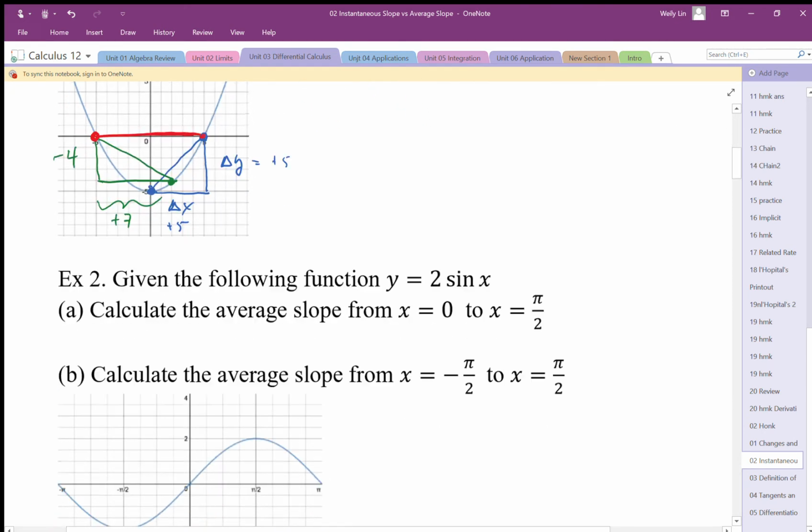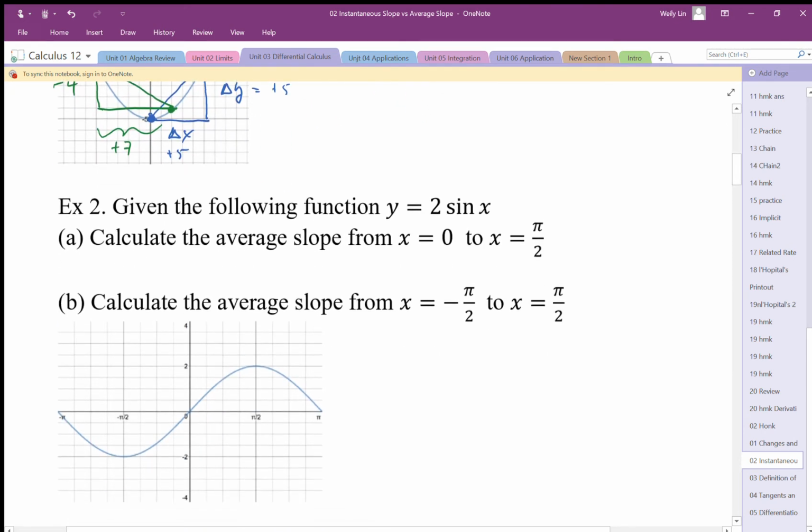We can do the same for sine. We're going to find the average slope. So this is sine 2x. I'm going to calculate the average slope from 0 to pi over 2. When I look at that, there's my run, here is my rise, there is my slope.